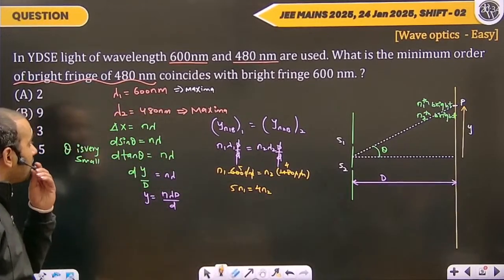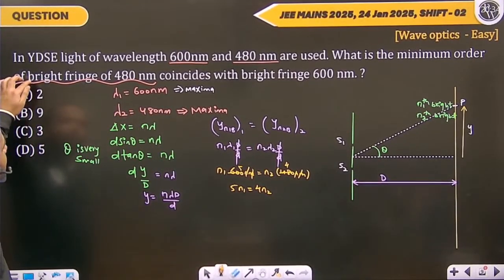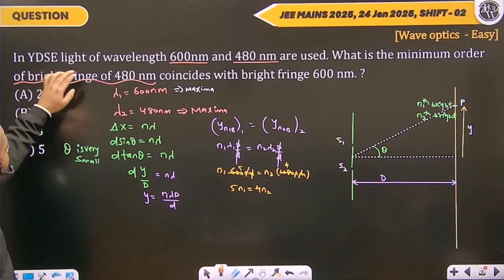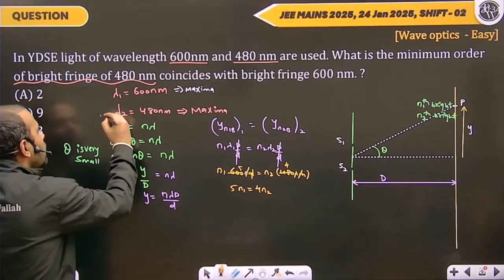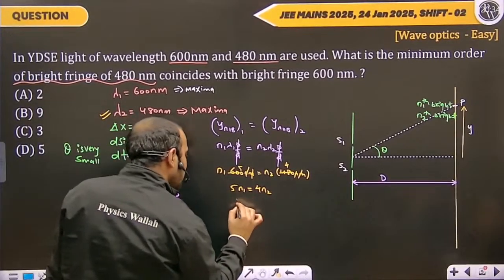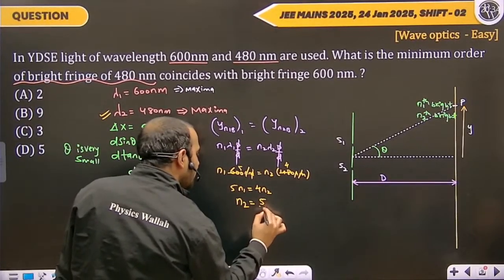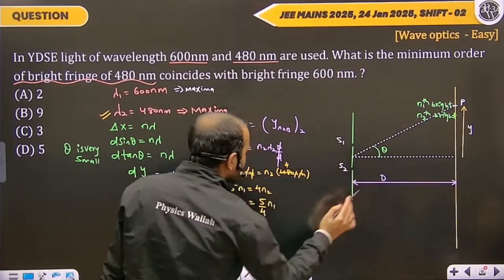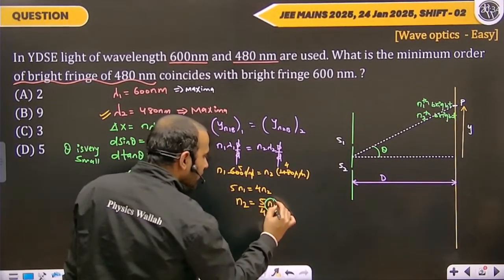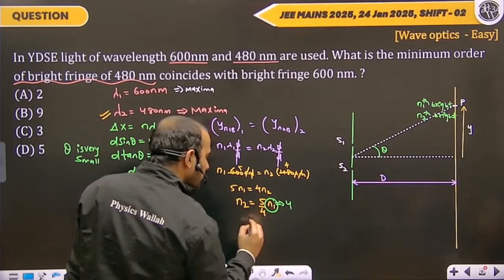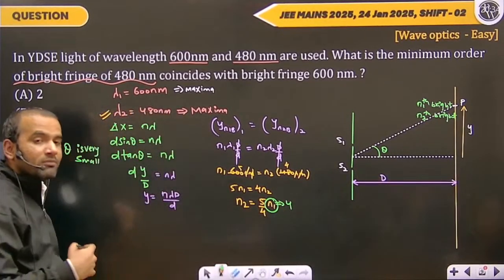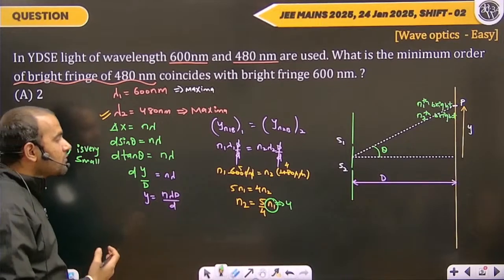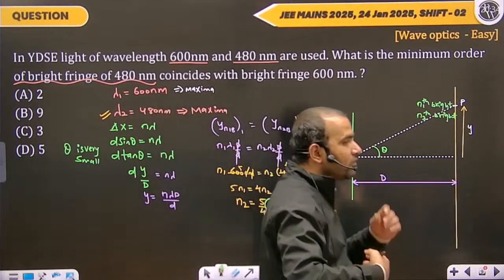Now what they have asked is the minimum order of 480 nanometer, that is n2 they are asking. So n2 is equal to 5 by 4 n1, right? If we put the value of n1 as 4, then we could get a value in terms of a whole number.